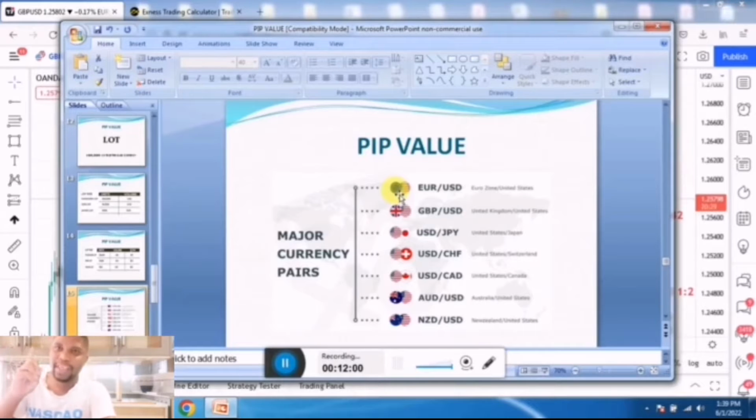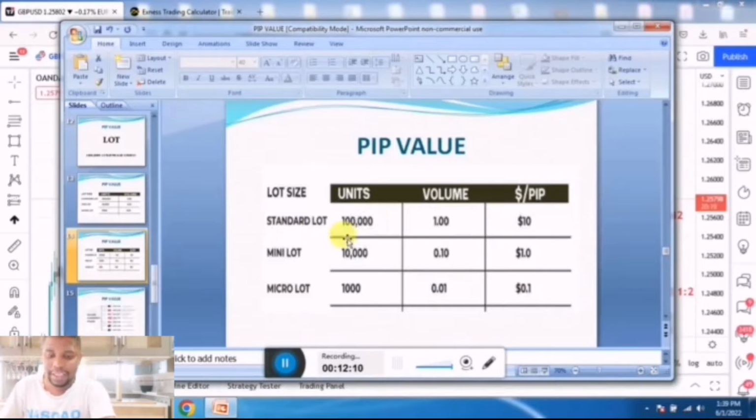The base currency can be another currency, but if the quote currency is the US dollar, that's where this actually happens. If you buy a standard lot of 100,000 units, a 1 pip move will be a straight $10.